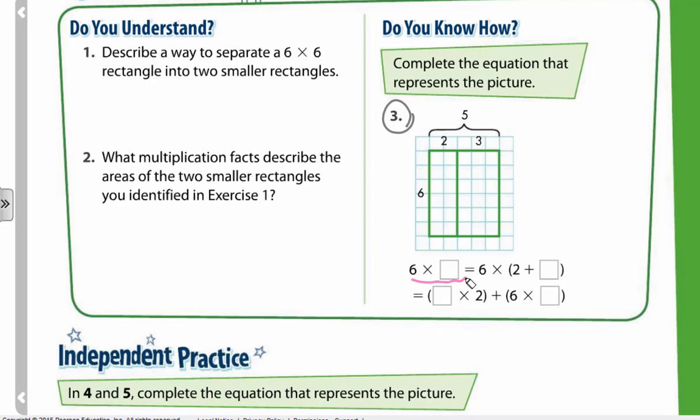The big rectangle. What's the area of the big rectangle? The large rectangle. 6 times what? 1? No, my hero.